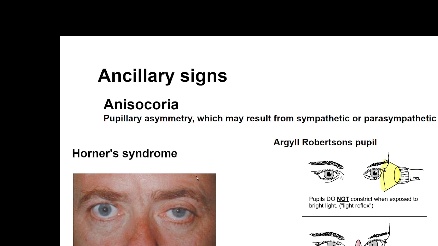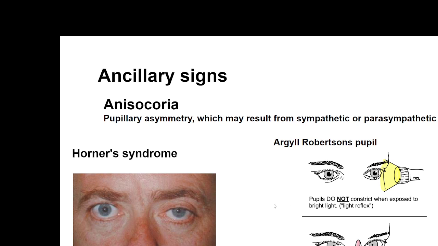It could be evidence of compression of the cervical ganglions related to the sympathetic. Which lesions can produce Horner's syndrome, we will discuss later when we go into the disease.